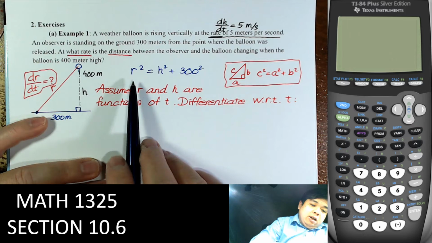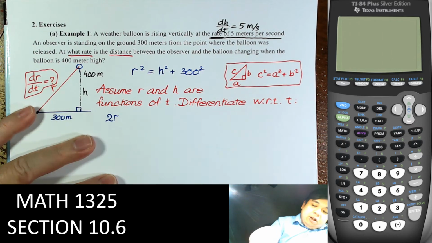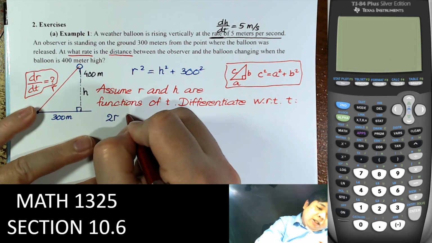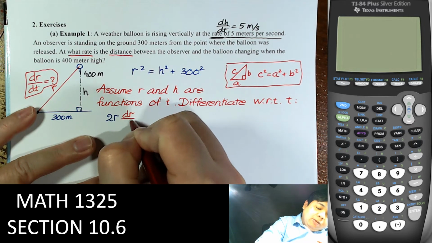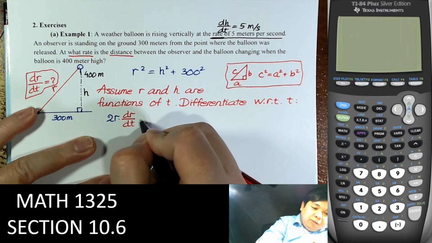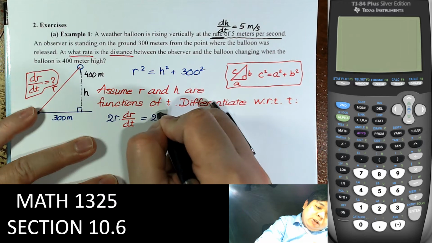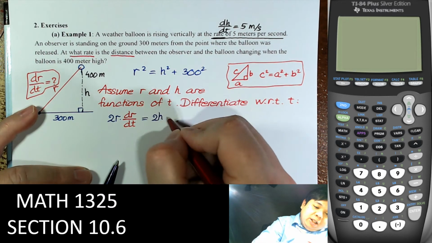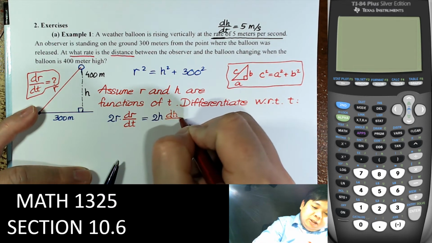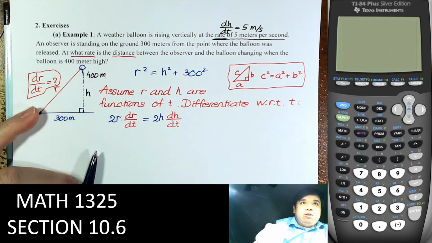So we derivative r squared is 2r, and we have dr over dt equal to h will be 2h, and then dh over dt. 300 square, that constant equal to 0.